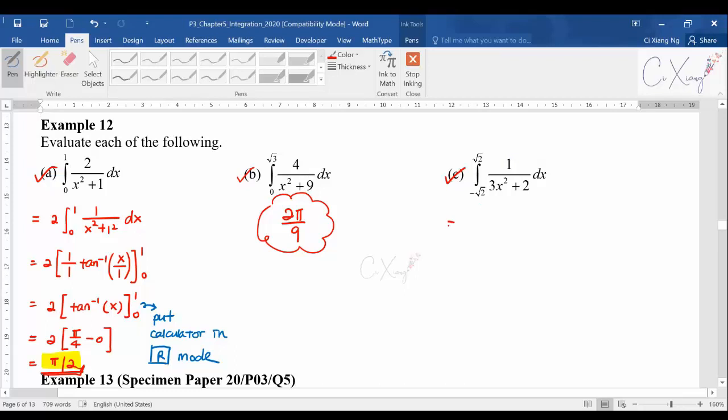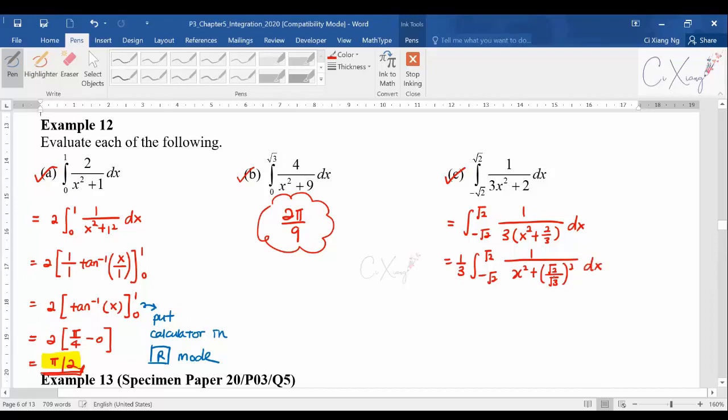Okay, so for part C again, you will see that actually you need to do some simple adjustment. I will take out the 3 from x squared. So when I take out the 3 from x squared, I'm having x squared plus 2 over 3. The 1 over 3 is a constant, so I will take it out. Then when I rephrase my expression here, I'm having x squared plus square root 2 over square root 3, all squared.